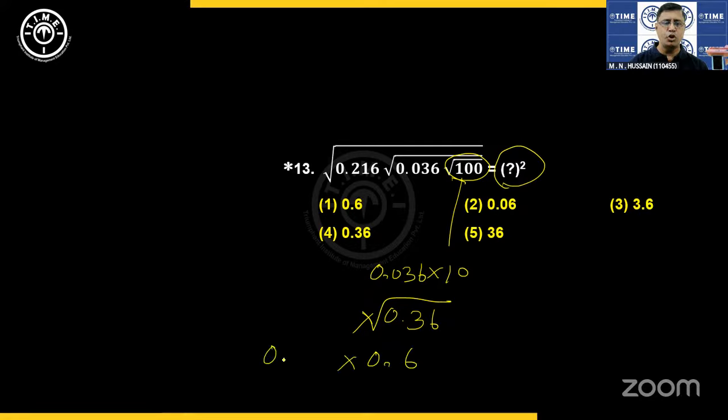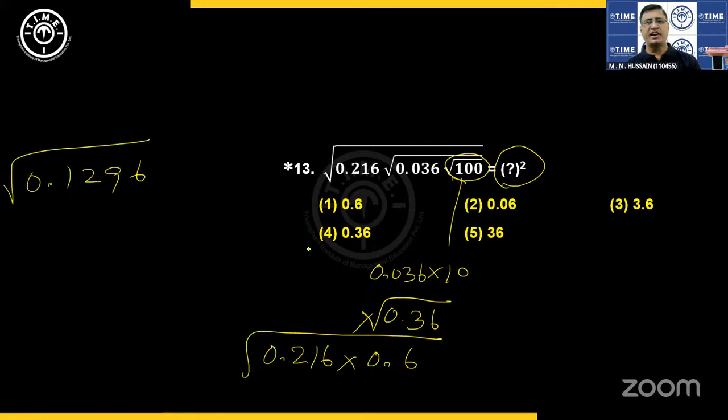0.6 into 0.216 square root. 6 times of 216, that is 1296. Yes, my dear students, 1296. That is 36 square.